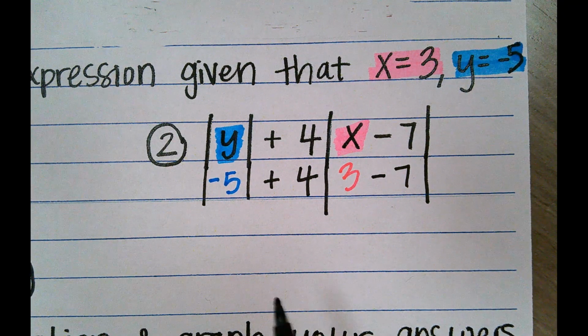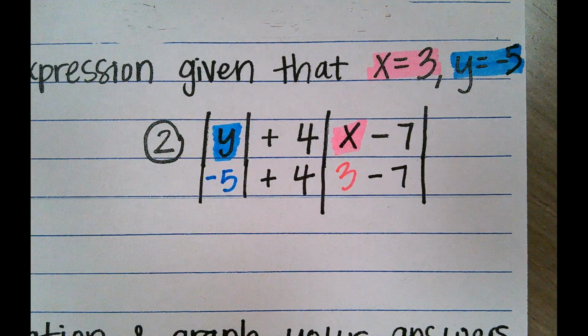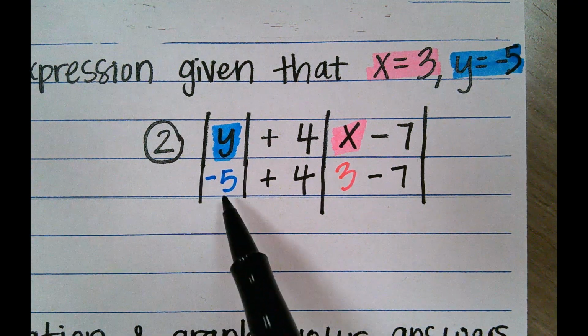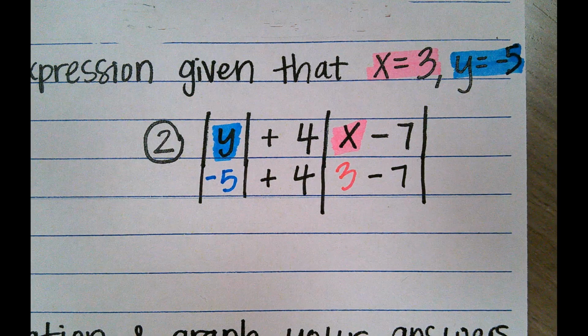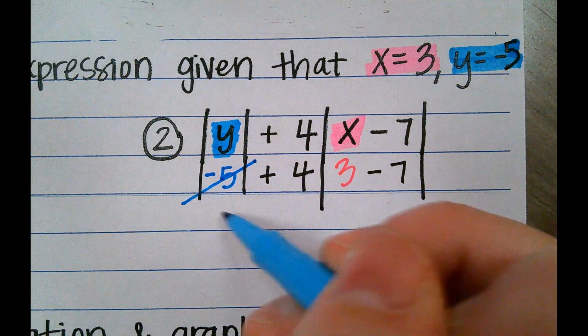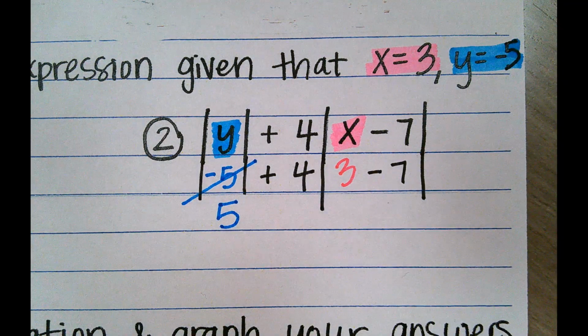So let's see. Step 1 said to substitute the value for the variable. We did that. Step 2 is to simplify the absolute values. Let's look from left to right. Can I simplify this? Yeah, positive 5. The absolute value of negative 5 is positive 5, so we got rid of our bars. Plus 4.